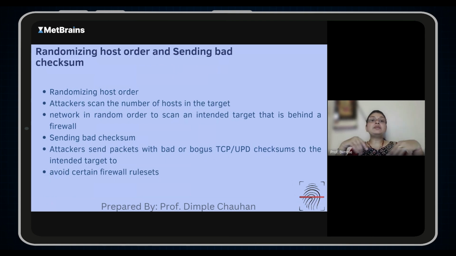That way, with randomized host order, instead of targeting the actual target directly, we send the packets in a randomized order from all possible available systems of the network to the targeted system. So the packet is not going to directly reach the targeted system, but it is going to reach it via a randomized order of the network systems.